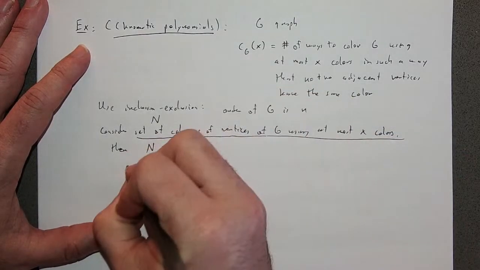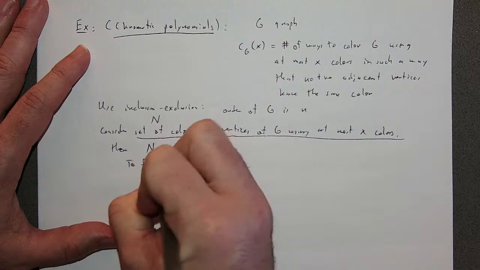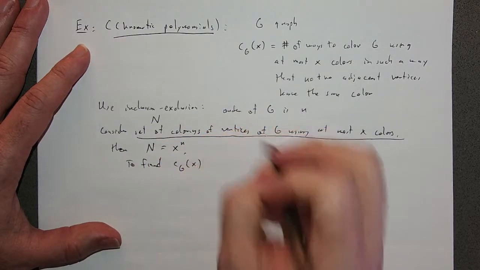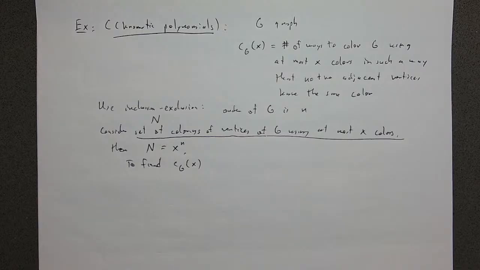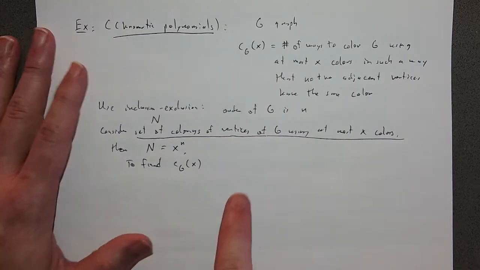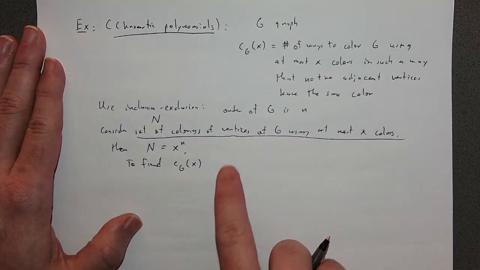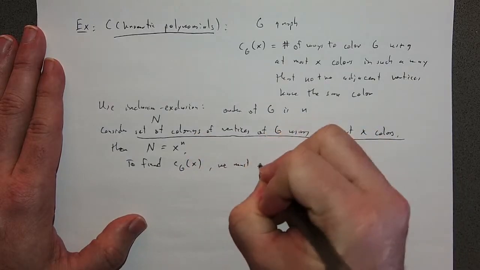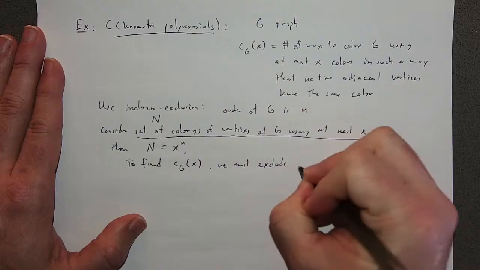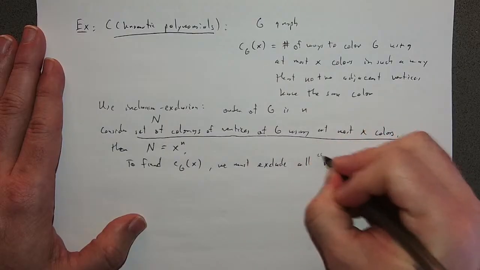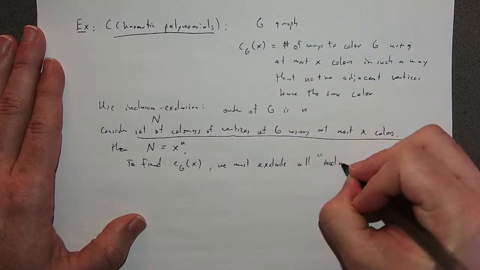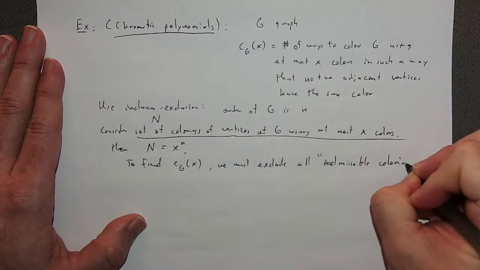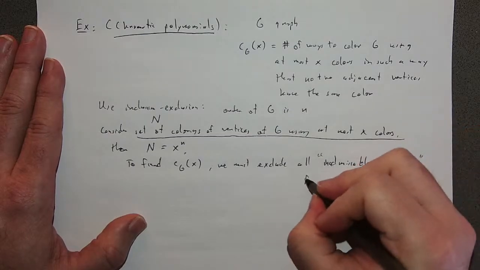Now, to find the chromatic polynomial of G in x, we got to exclude all of the inadmissible colorings from this set.